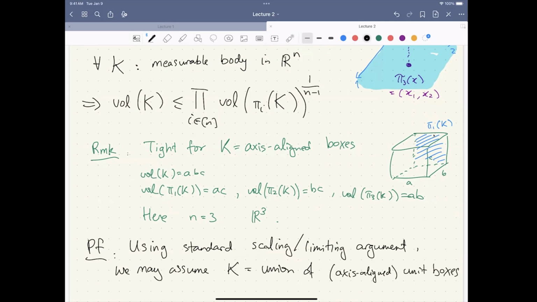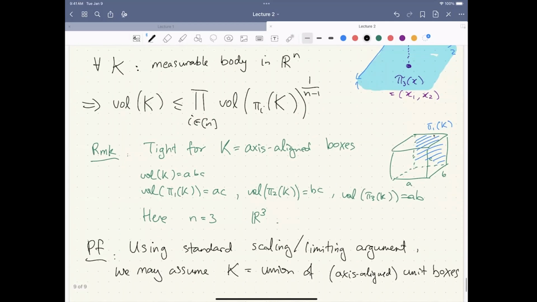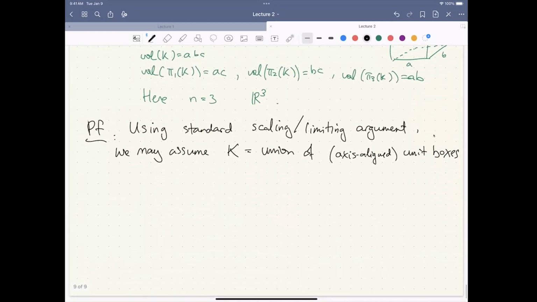Unit boxes means the volume of each box is 1. So the volume of K is precisely the number of boxes we have. We make this problem a discretization. So the volume of K is precisely the number of unit boxes in K.